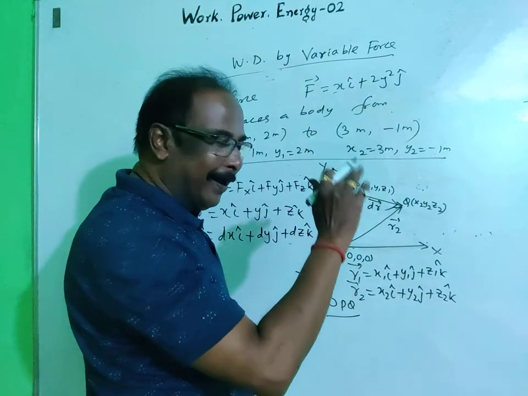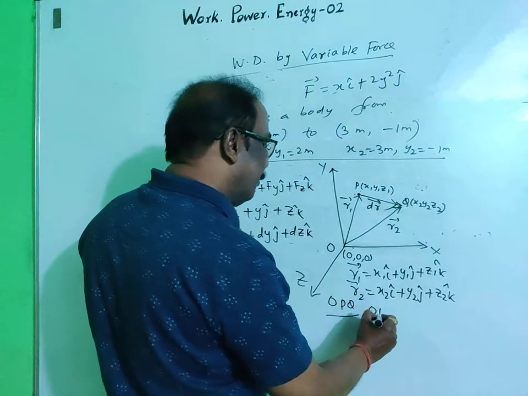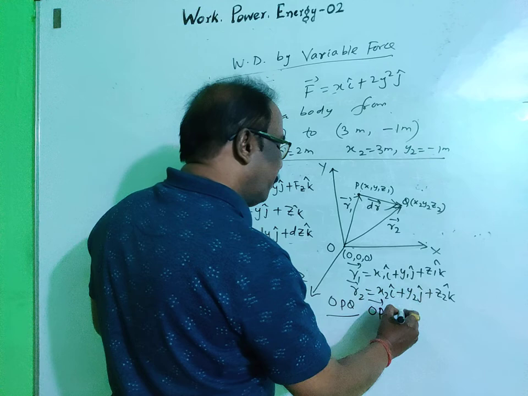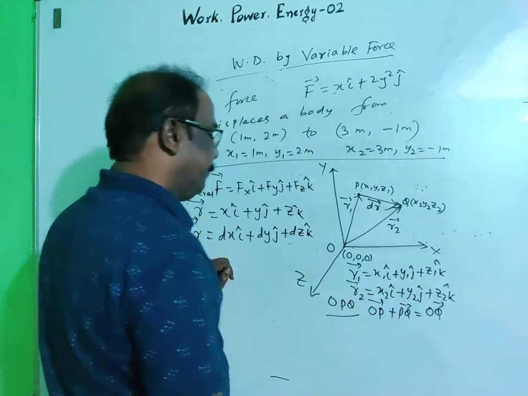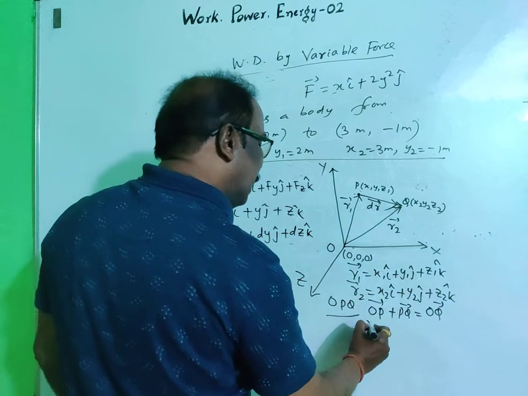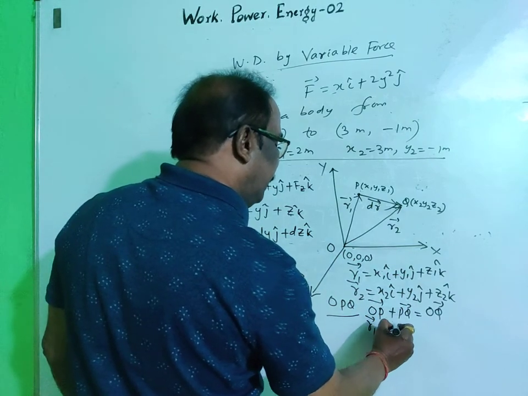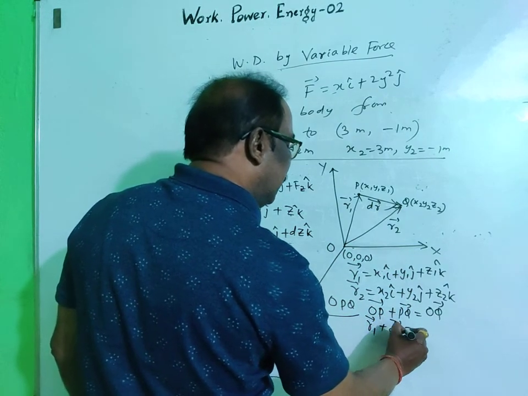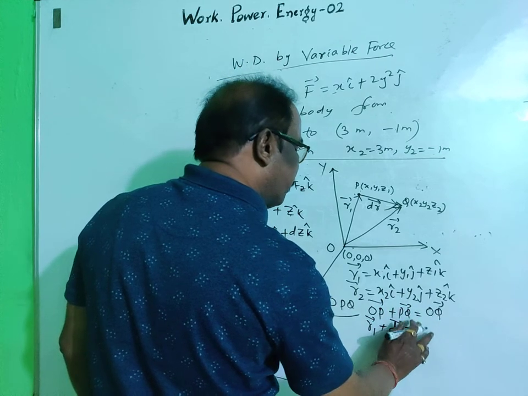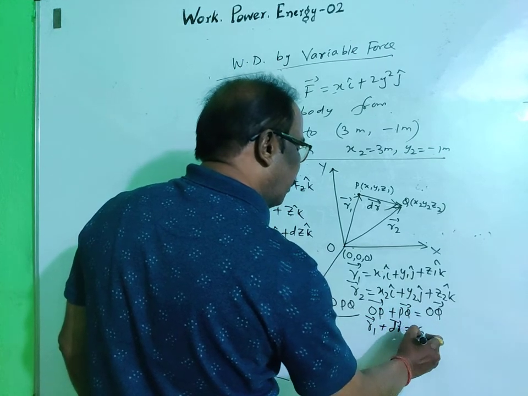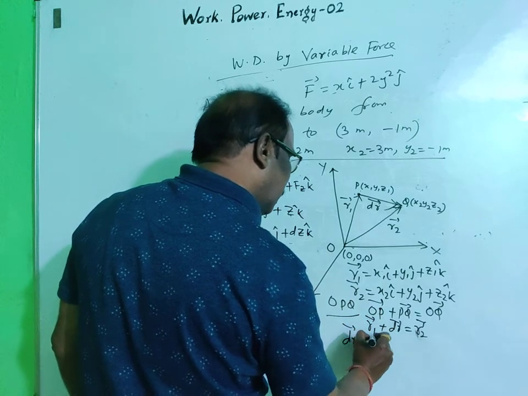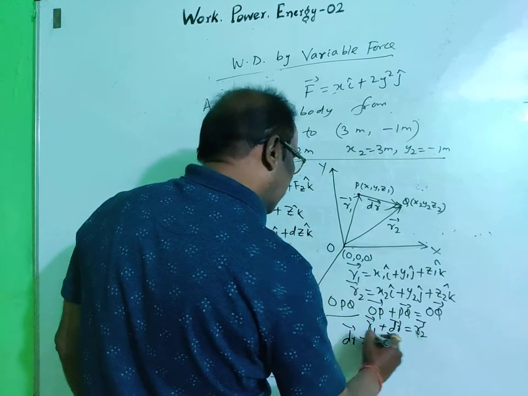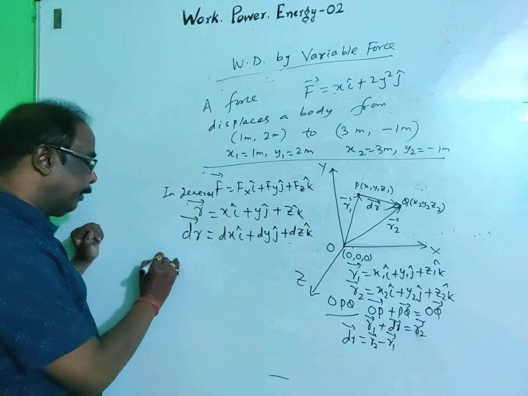Just apply the triangle law. OP vector plus PQ vector is equal to OQ vector. Then OP vector is R1, PQ vector is the displacement dr, and OQ vector is R2. Then dr, the displacement vector, is R2 minus R1. I am writing here dr.